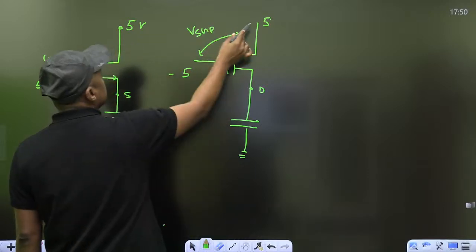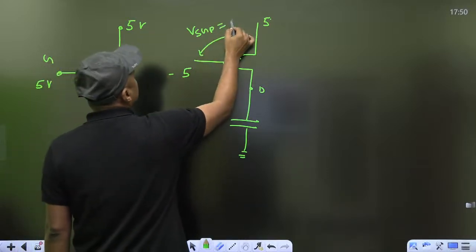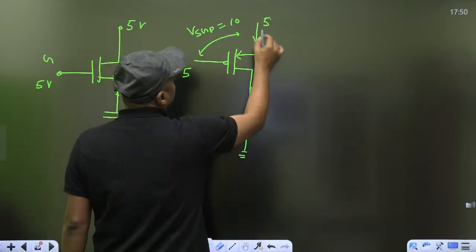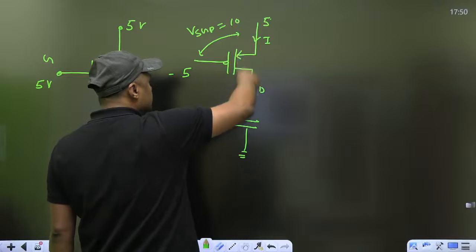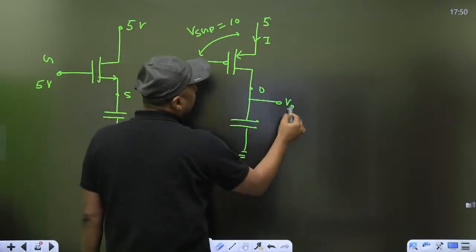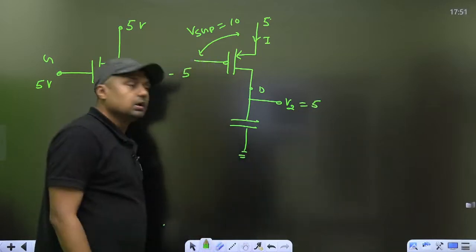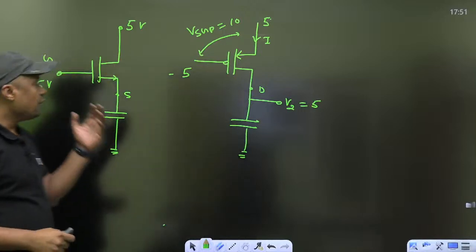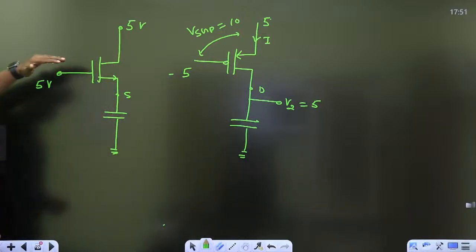What is VSGP? 5 minus of minus 5, that is 10. Now the current will flow here, and when the current flows, the capacitor will charge fully. So here we are getting 5 volt. No problem. This will charge up to 5 volt.